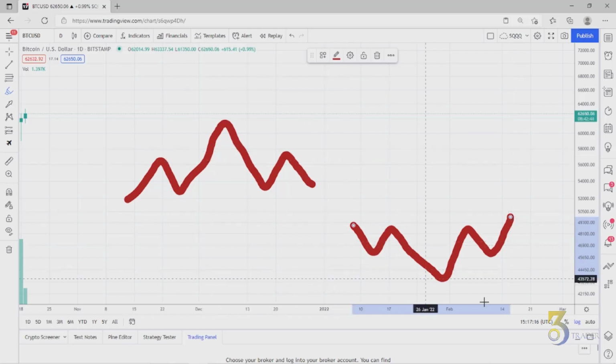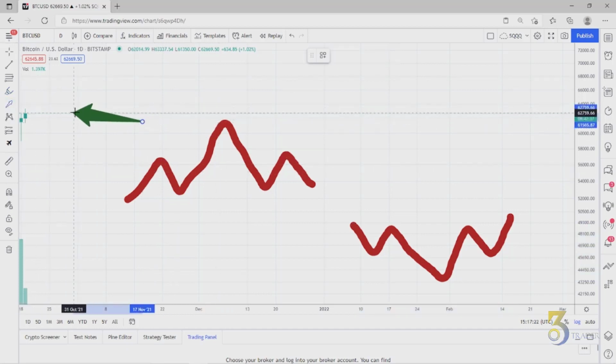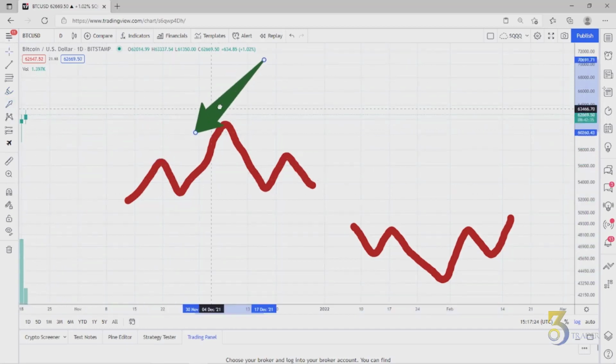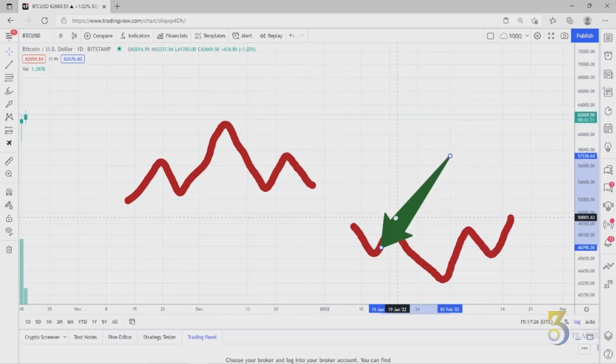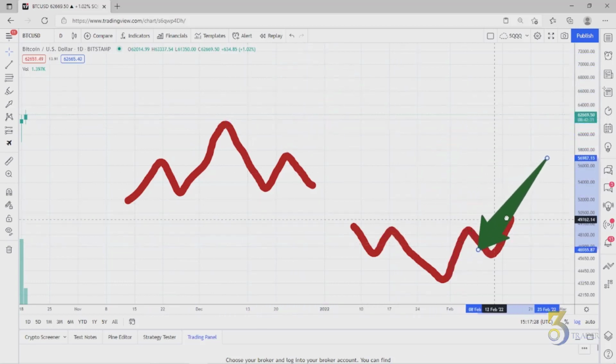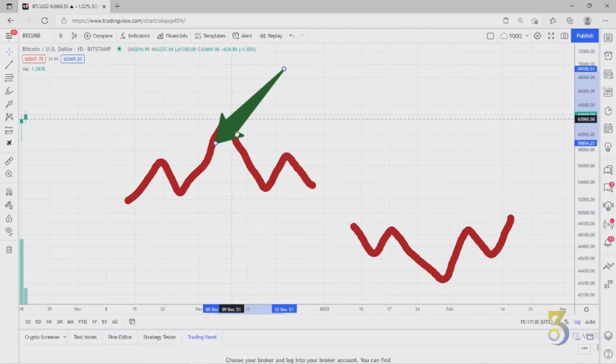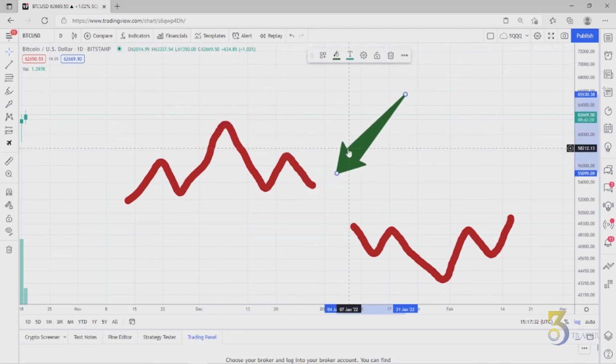Here's your inverted or upside down head and shoulders. Let me get my arrow, it's easier for y'all to see. Left shoulder, head, right shoulder. And people assume that when they see that they have a head and shoulders. Wrong, wrong, wrong.